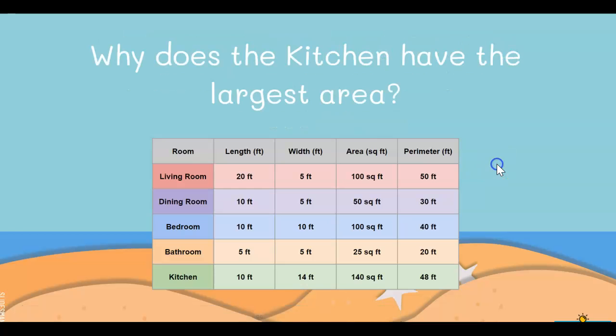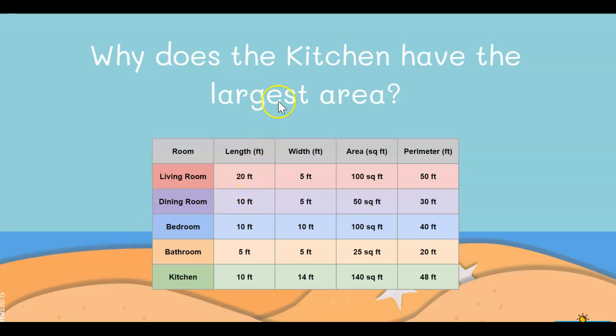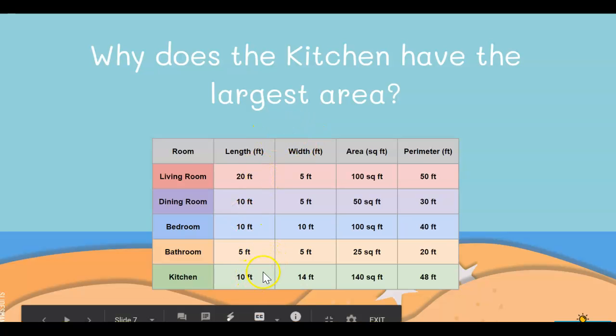So let's go to our next slide. So why does the kitchen have the largest area? So we just identified the kitchen as having the largest area. Based upon the numbers that we have here, why does it have the largest area? So if you answered something along the lines of the kitchen allows for more space than the dimensions of the other rooms.